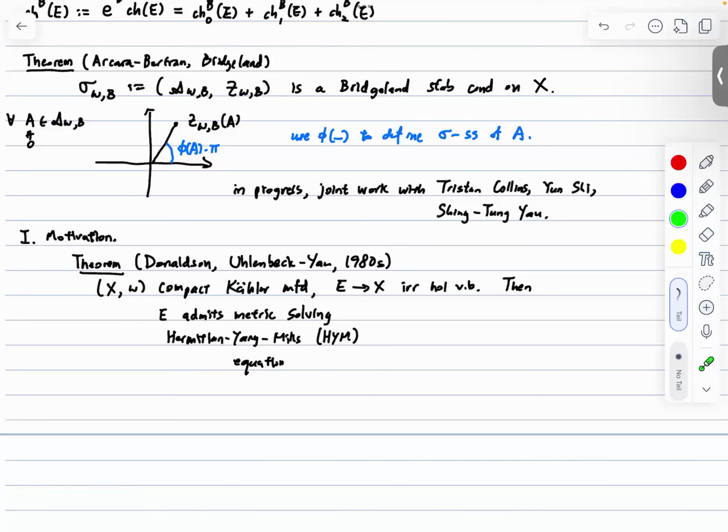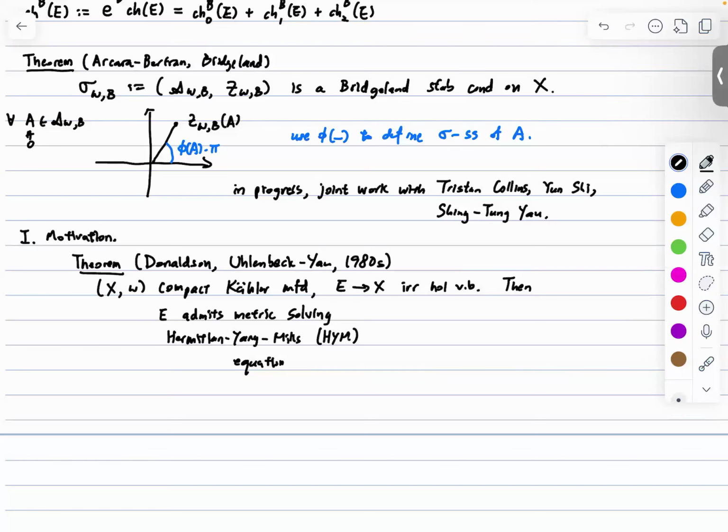So this equation is a differential equation that you can write down using this vector bundle E. So it's a question in analysis or differential geometry, if you like.